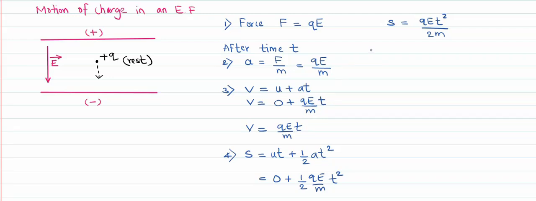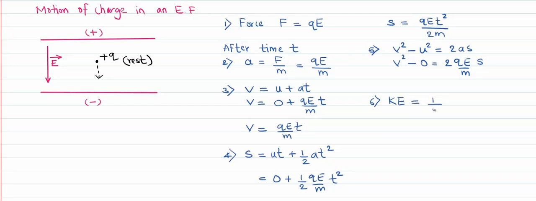Fifth, you can even apply the formula v square minus u square is equal to 2as, where u is 0, a is QE by m, and the distance traveled we already have. If you substitute that, you will get v square. Sixth, after time t, its kinetic energy is given by half mv square.